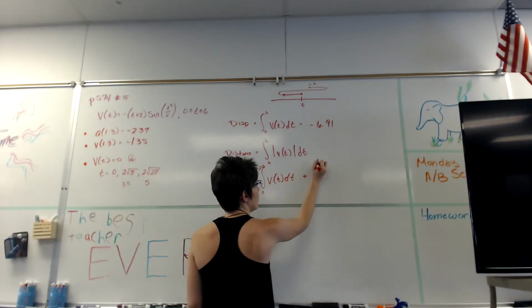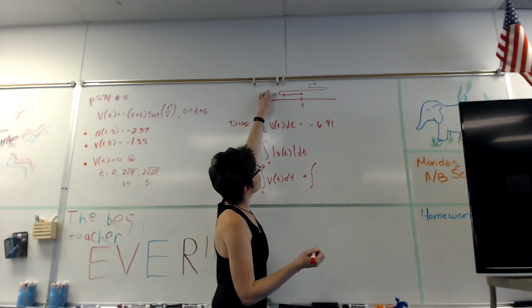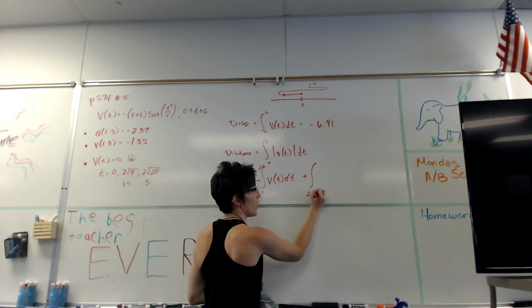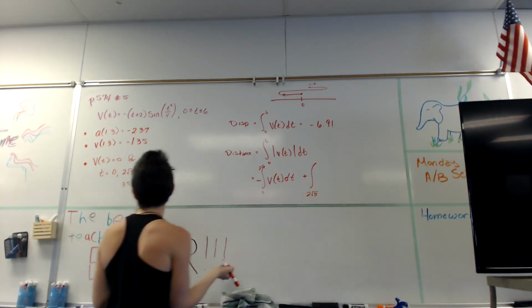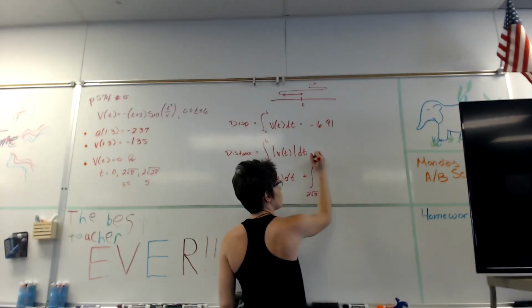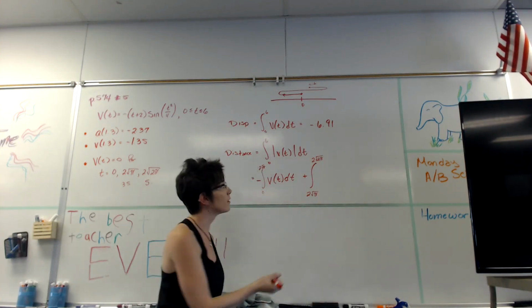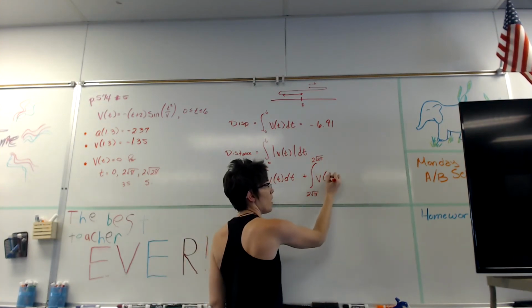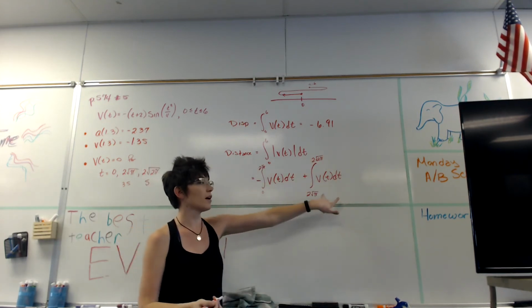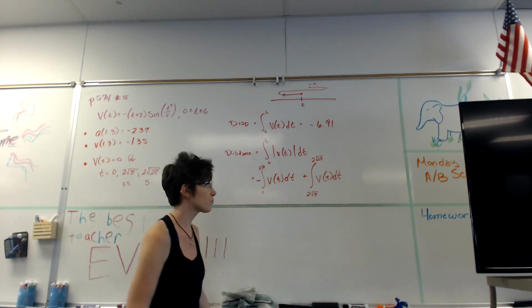Okay? Now I know that it switches direction and it goes positive for a while. So from 2 root pi up to 2 times 2 root pi, or root 2 pi, like this. It's just a positive motion. And so all of this area is going to be positive already.